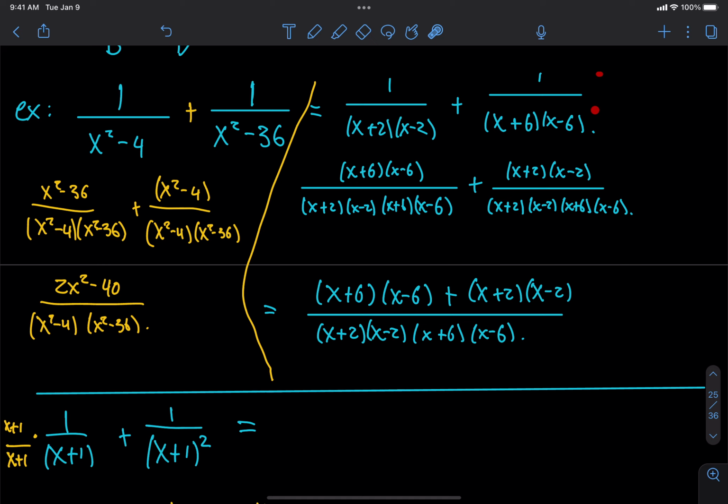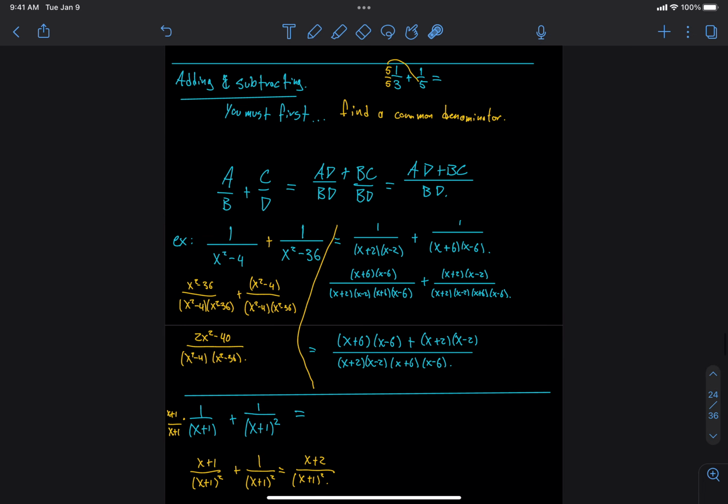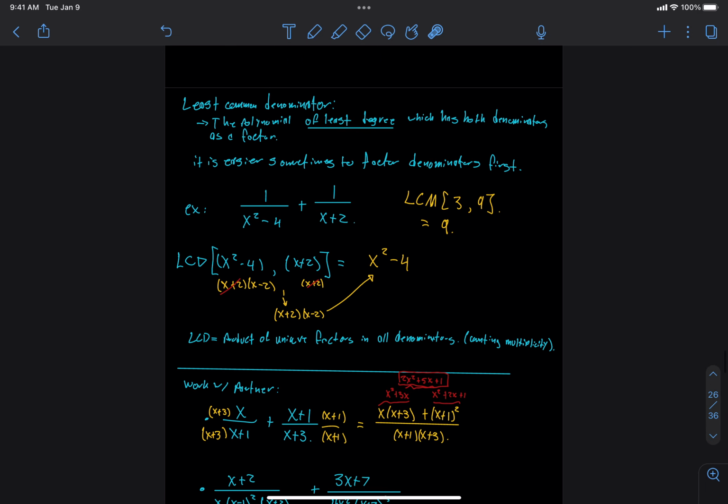Missing factors are any factors present in the opposite expression which are not present in mine. For example, when I had x plus 6 and x minus 6, I did not have either of the two factors in the other denominator, so I had to multiply both of them on the top and the bottom. Okay, so that was adding and subtracting.